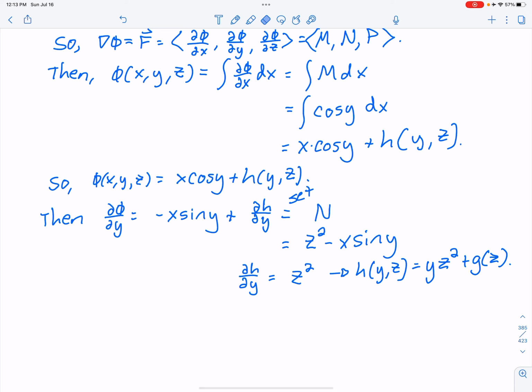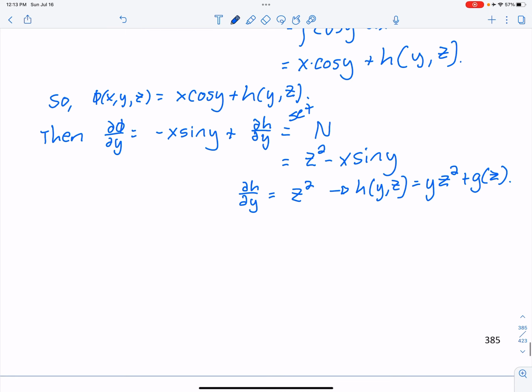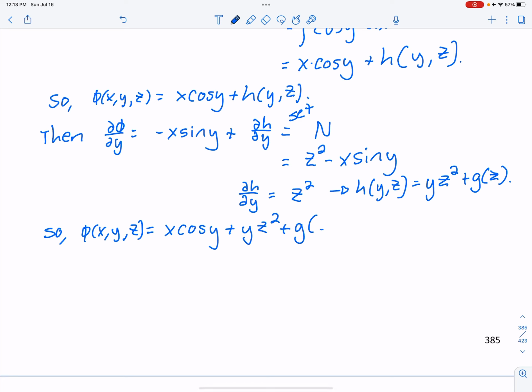So I like to rewrite my function now. So phi of x, y, z, this is our potential function. We get x cosine y, and then we have a new part to add in, y z squared, plus g of z. And then again, remember, we integrate, and then we have the function, and then we take a partial to get the second part of our gradient, or vector field, which is going to be the same thing since it's conservative.